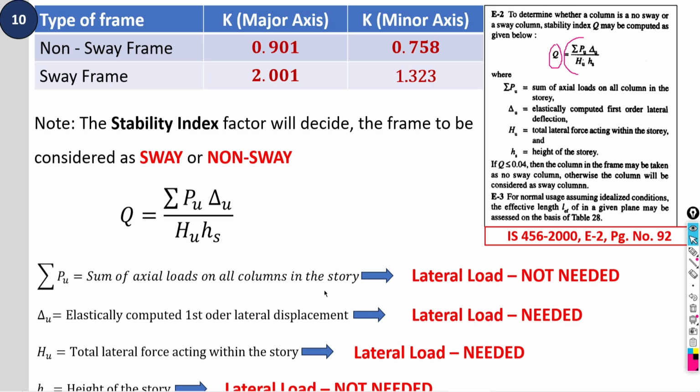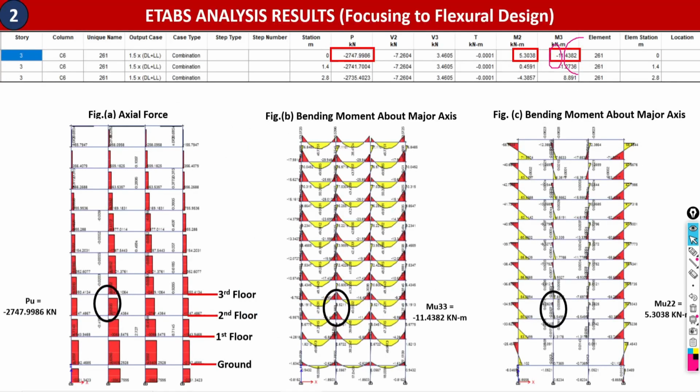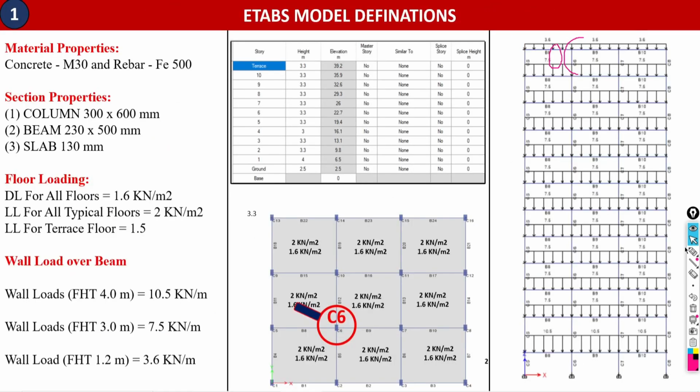Now it is a floor property, meaning on that particular floor level, let me show you. This is our proposed floor. On this third floor, the summation of all the actual loads on all the columns, not only this one but all the columns, that is the summation of Pu.